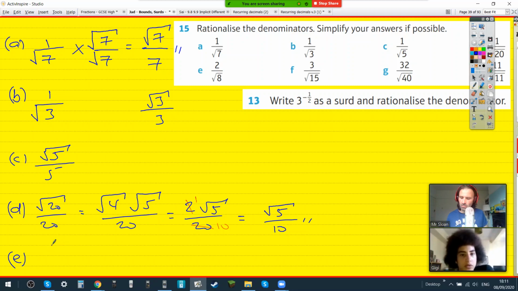It will be 2 root 8 over root 8. It's the first bit, just over 8. And so root 8 can be simplified to root 2 root 4.